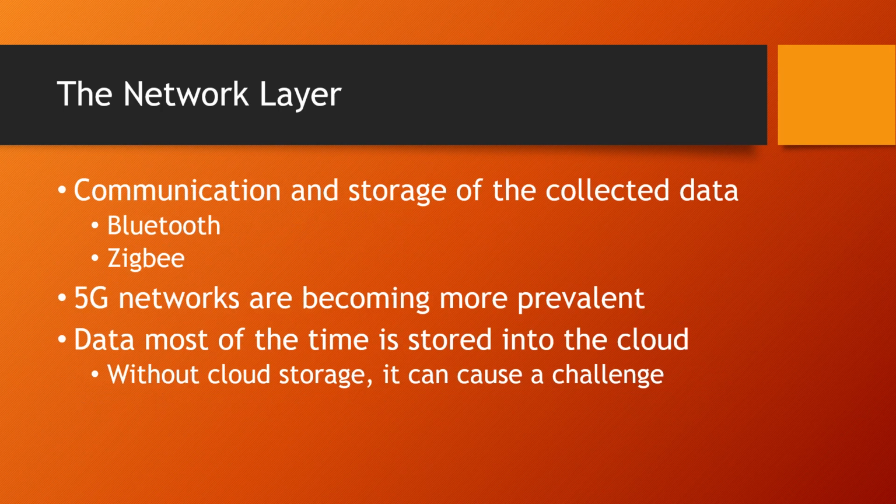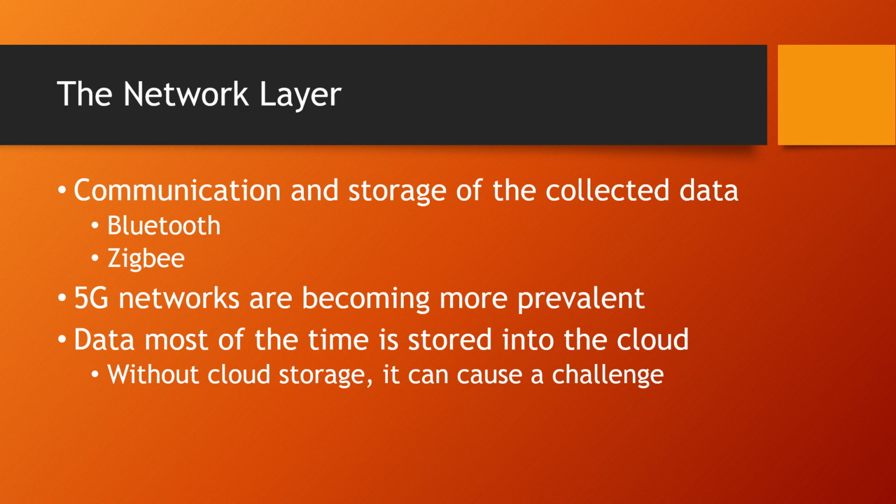The next layer is the network layer. So this deals with communication and storage of the collected data. Some examples are Bluetooth and Zigbee. 5G networks have started becoming more prevalent, and this is a huge plus with IoT devices in terms of networks because it increases the speeds by a ton.